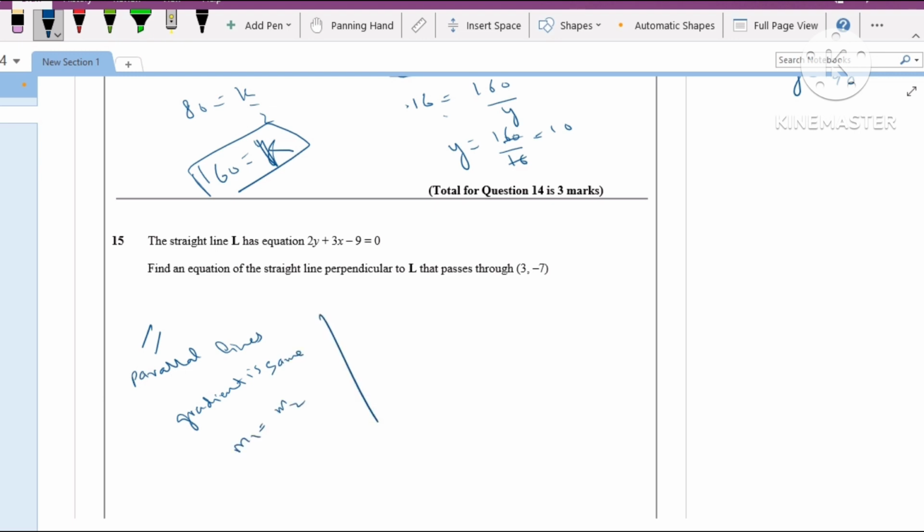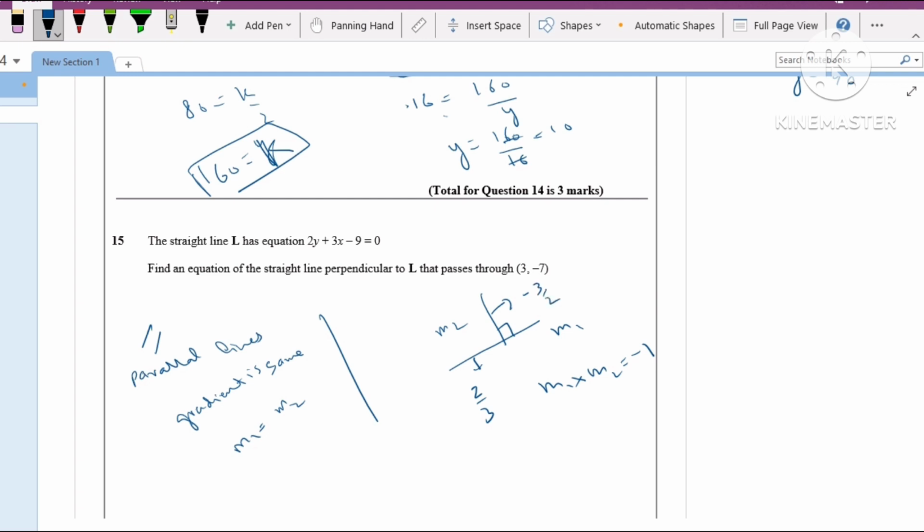But if two lines are perpendicular, this is m1, this is m2. If two lines are perpendicular, the gradients multiplied together give us -1. What does it mean? Two gradients are reciprocal to each other with opposite sign. For example, if the gradient of this line is 2 over 3, the gradient of the other line is -3 over 2.